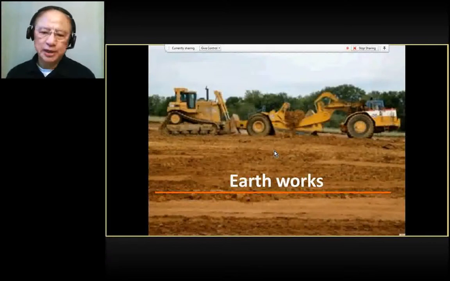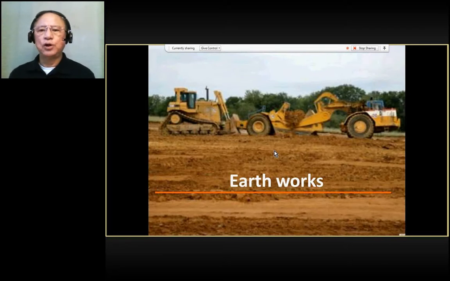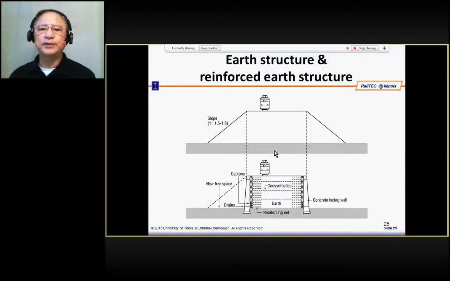And then, of course, there's the earth structure which requires a lot of quality control, because this is where problems could happen because of settlement. Earth structure is subject to weathering, subject to weather conditions, subject to flood, and subject to poor construction.